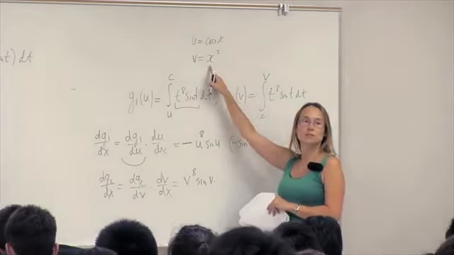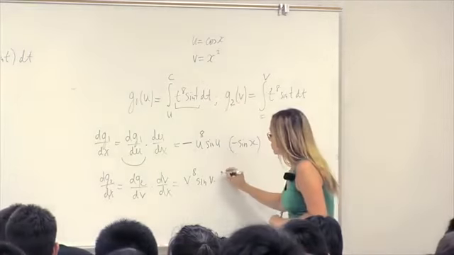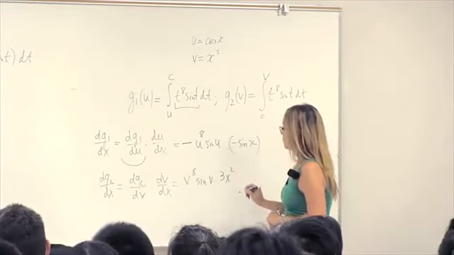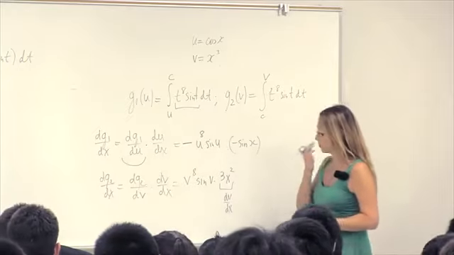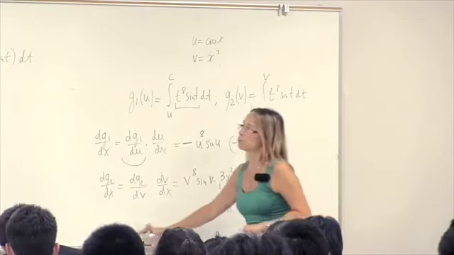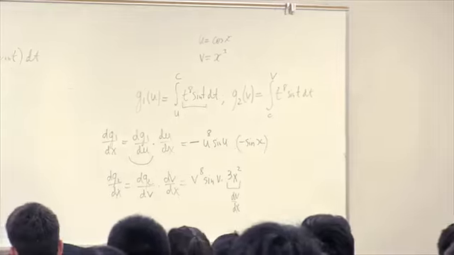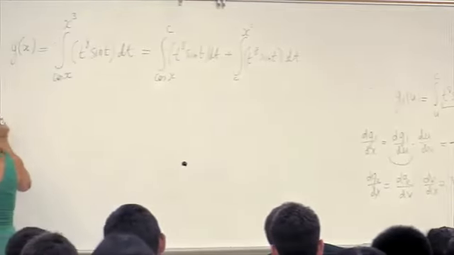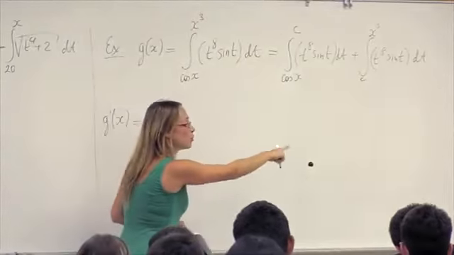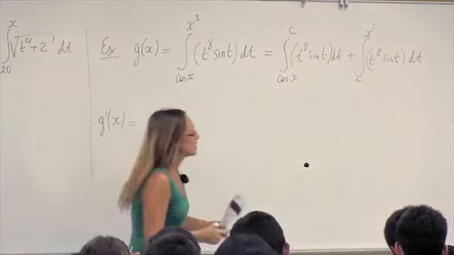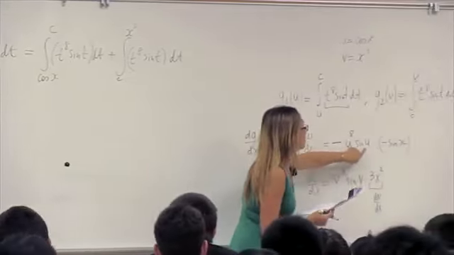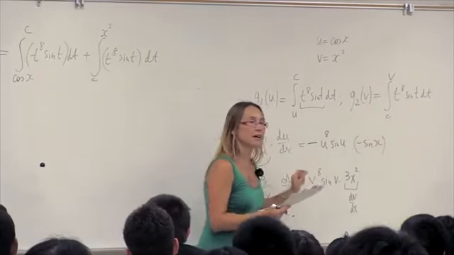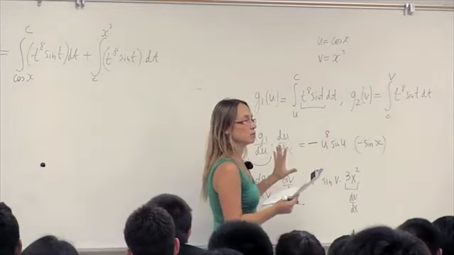My definition is v is x cubed. So it's 3x squared. So this is dv/dx. I have to put everything together. So g prime of x is the sum of these two terms. And the last thing I have to do is substitute the definitions of u and v in the final answer, because I want everything to depend on x.